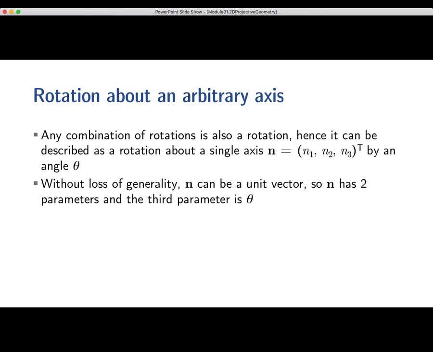You can pick two independent terms and choose the third such that it remains a unit vector. So n really has 2 degrees of freedom if you want it to just define an axis, and the third parameter is theta. So the degrees of freedom, even in this form of setting up a rotation matrix about n by theta, remain 3. If that was not the case, it would have been a cause for concern for us. So it's not.